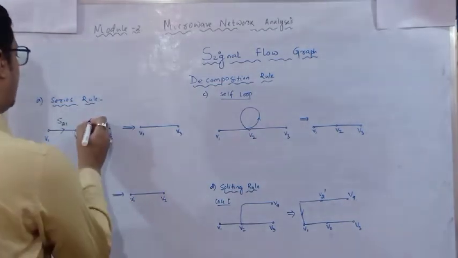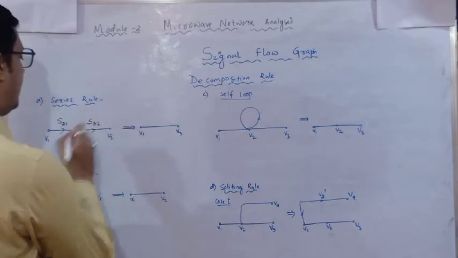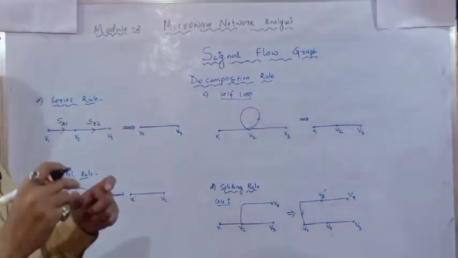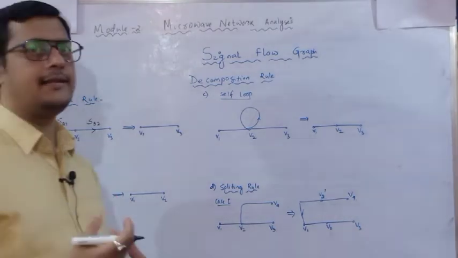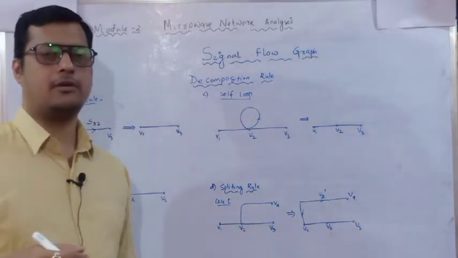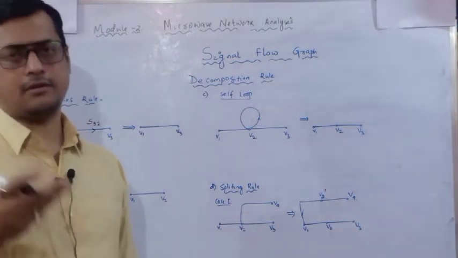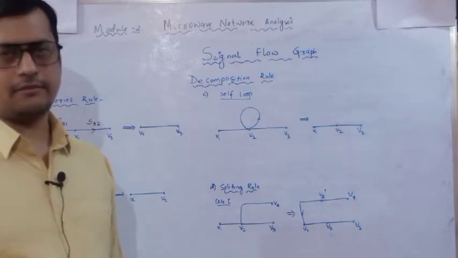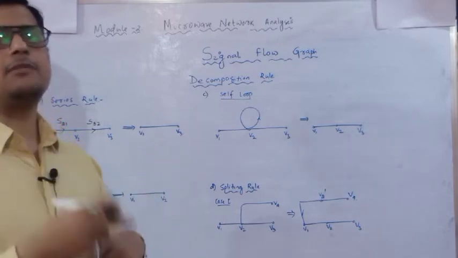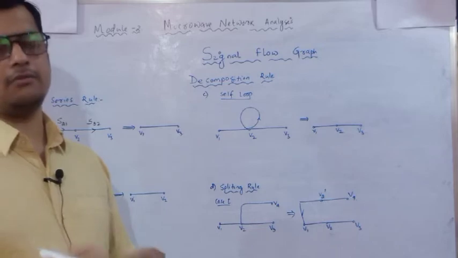So this branch is S32. Now whenever the scattering parameters are in series in a signal flow graph, as we discussed in our control system, again I am telling the same thing: if it is in series, you have to multiply. If it is in parallel, you have to add.